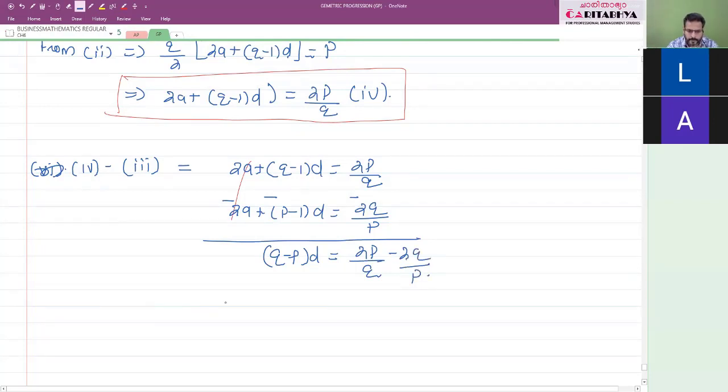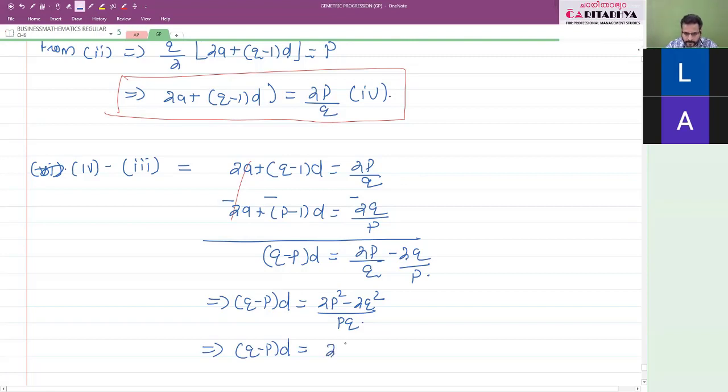Q minus P into D is equal to, taking the LCM, 2P square minus 2Q square divided by PQ. This can be written as 2 into P square minus Q square divided by PQ.